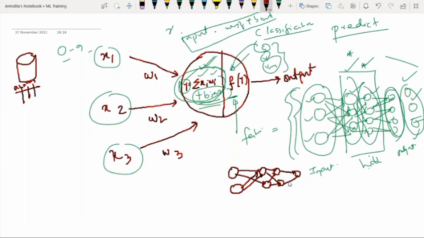Ma'am, the output is 3 because there are 3 types of classification. Ma'am, can you repeat the question? I just missed the first part. We have 13 features available to define wine characteristics.